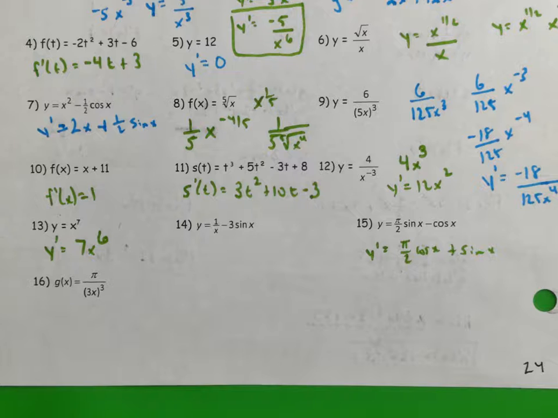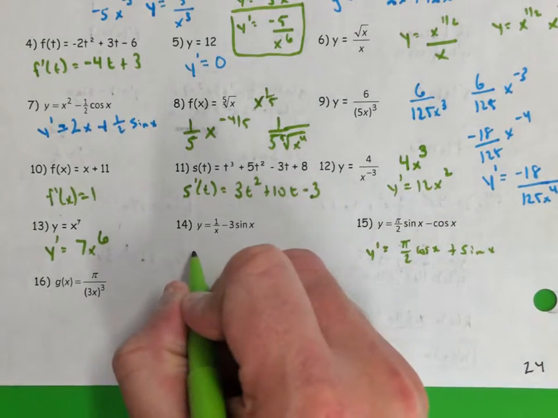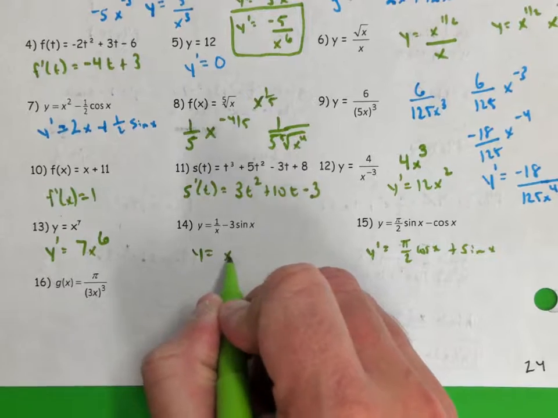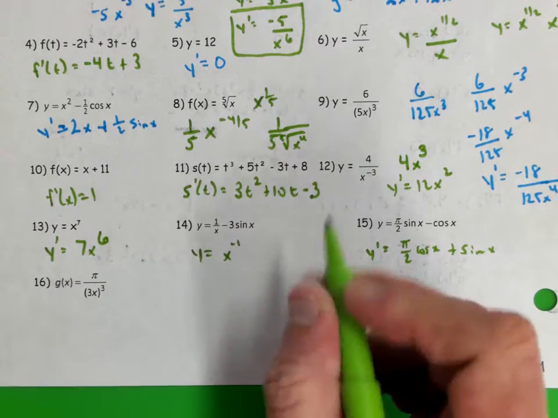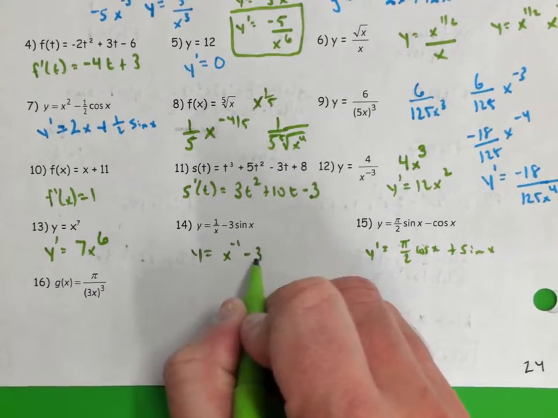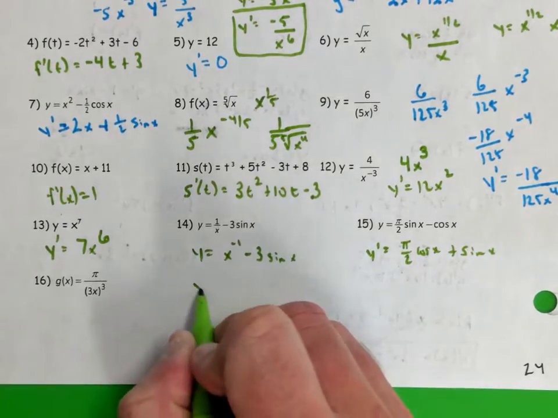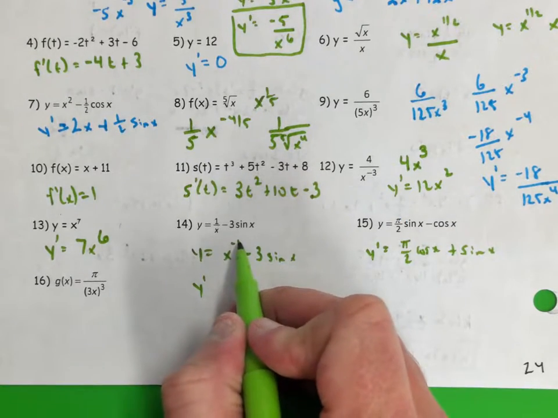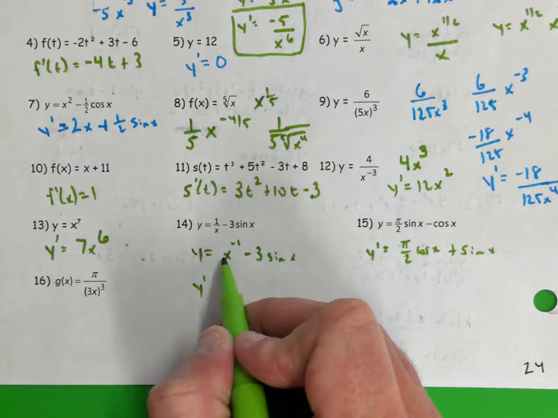All right, number 14. What do you need to do first to rewrite that? And that's the x to the what? Negative 1. Y prime. Now, what's negative 1 times 1?